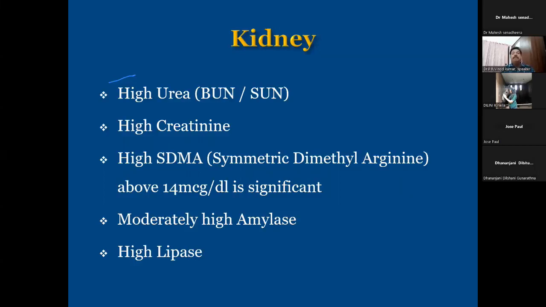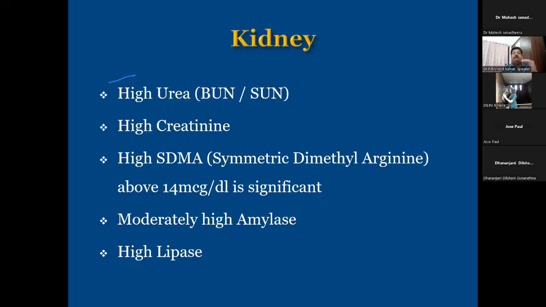If a dog doesn't drink water for 1 day or for 8 hours and you take the blood urea level, it will be high, around 60, 70. It doesn't mean the kidney is damaged, but it is due to reduced plasma volume. But creatinine is very sensitive. In dogs, creatinine should not go beyond 1.5 milligram per deciliter.